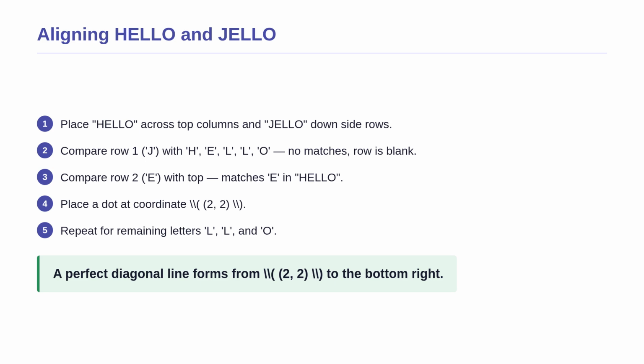Moving to the second row, the letter E matches the E in hello, so we place a dot at coordinate 2, 2. We continue this exact process for the remaining letters. The final result is a continuous diagonal line starting from the second row and column. This visually proves that the ending sequence, ELLO, is perfectly conserved.